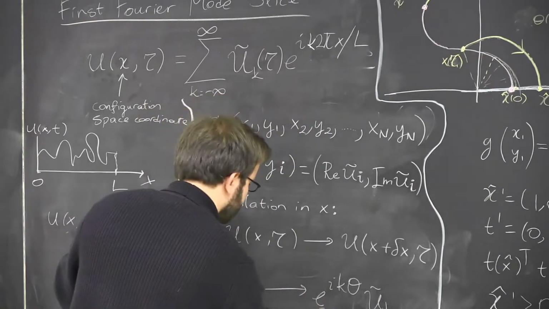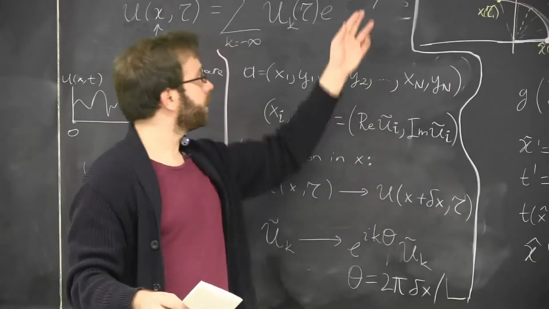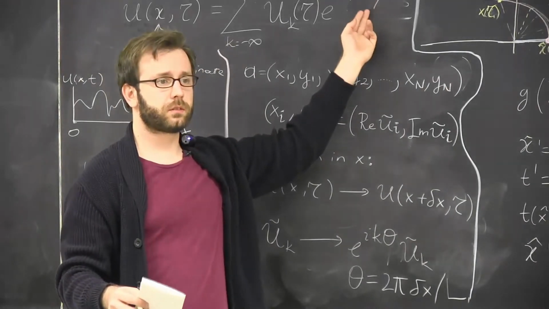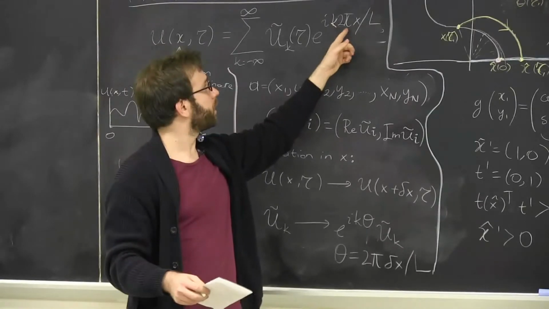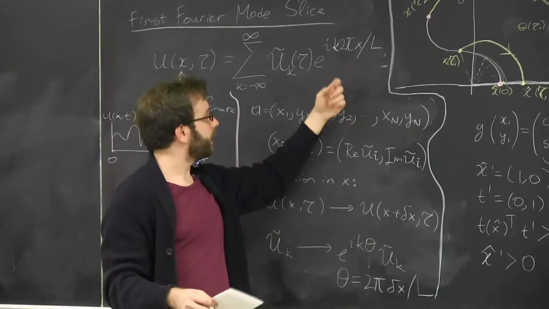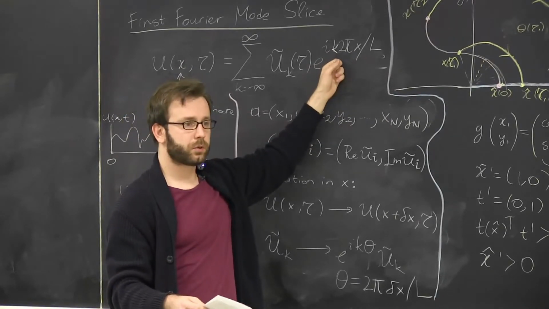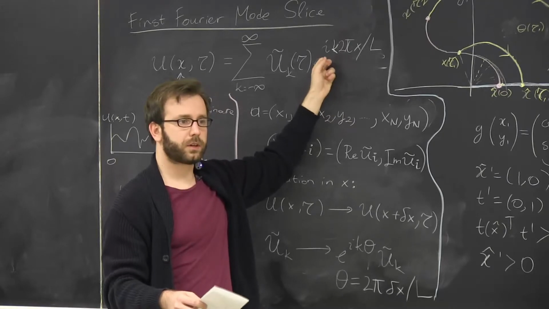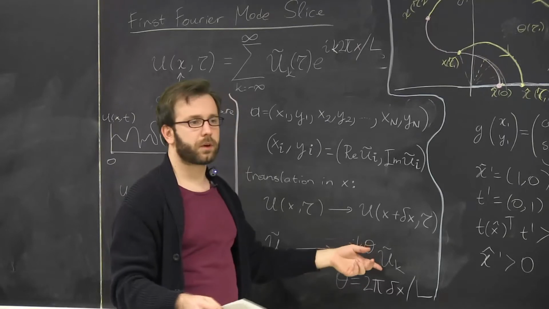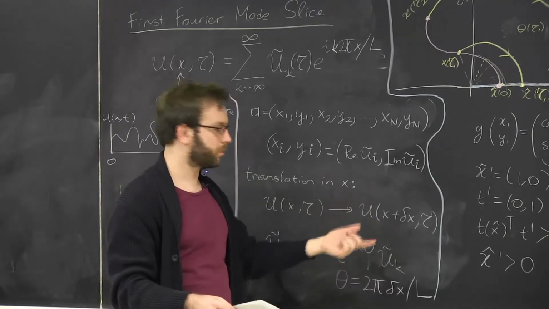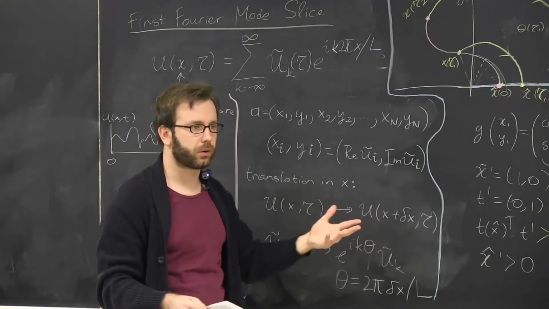And that phase is simply, if I shift by delta x, I basically put a phase delta x scaled by the coefficients, and for each mode, that phase is multiplied by the number of the mode. So the first mode is multiplied by e to the i theta, the second mode is multiplied by e to the i2 theta, and so on.